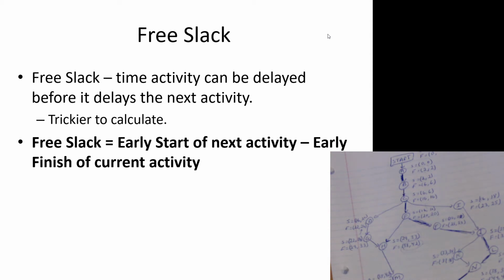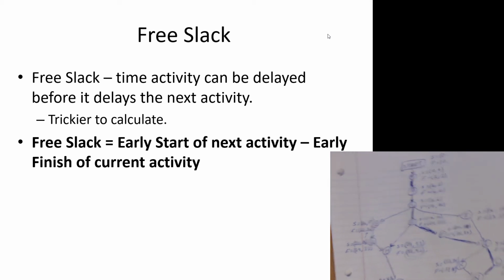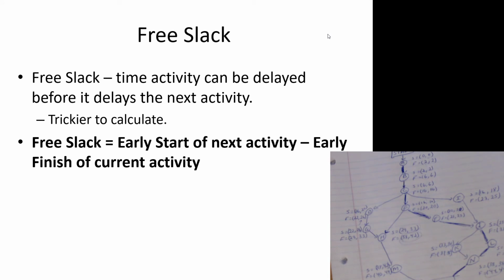So this is where it gets a little tricky. If you're an activity not on the critical path, you will have some activity slack. You may or may not have free slack. So you can have positive activity slack with no free slack. Okay. So free slack, it's usually the slack nobody likes. It's not like you don't like it, you just don't like to calculate it because it causes some heartburn.